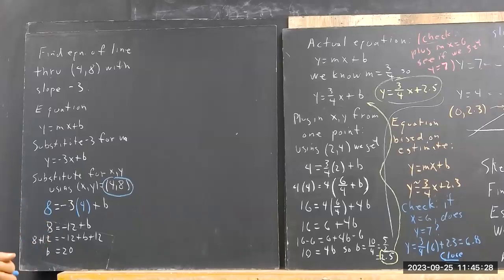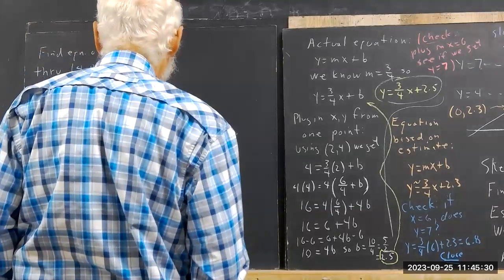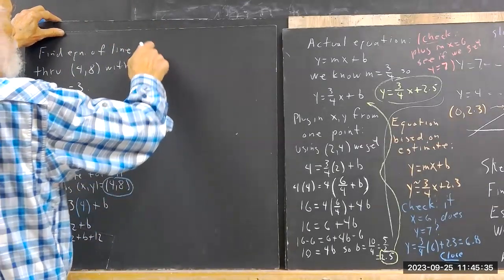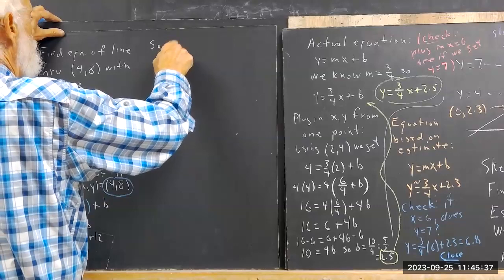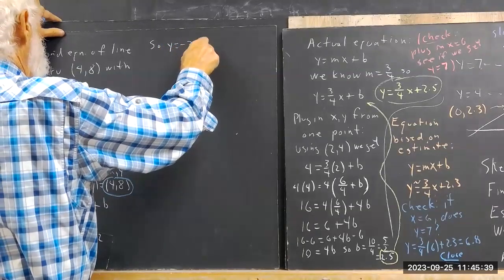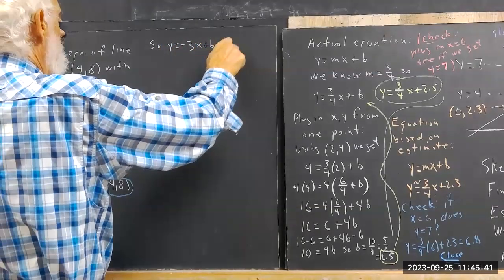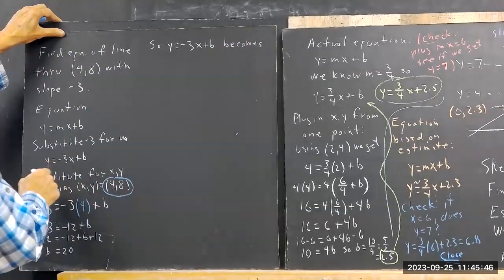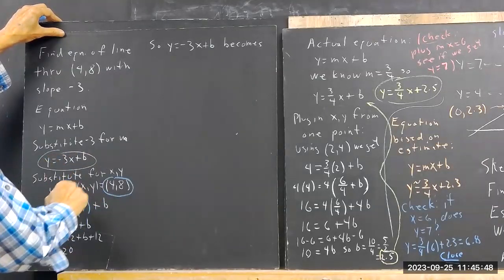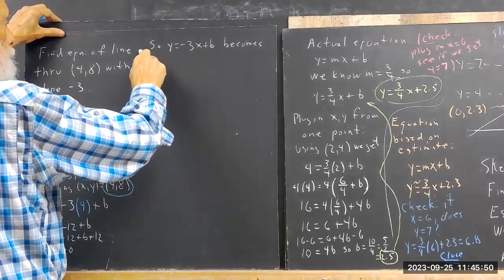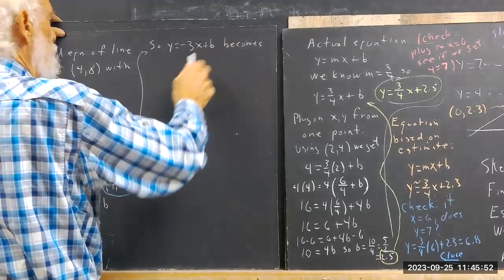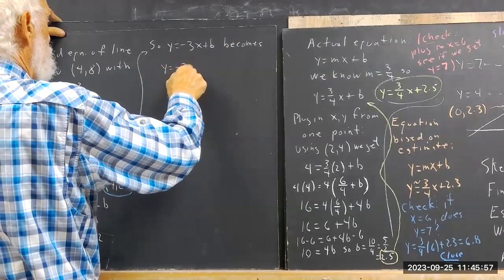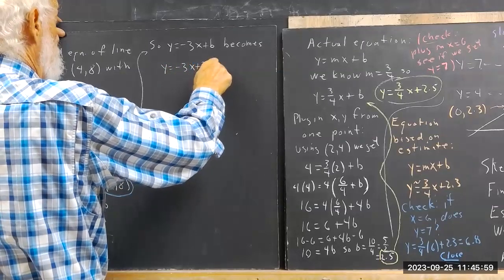We can take that 20 and we have the equation y equals negative 3x plus b. So that's what we're going to use up here. But it becomes y equals negative 3x plus 20.